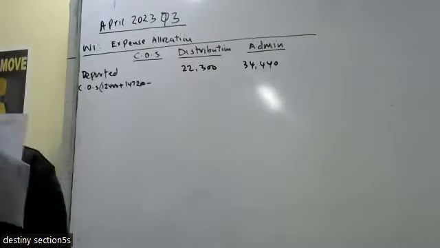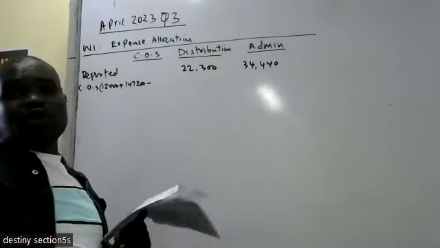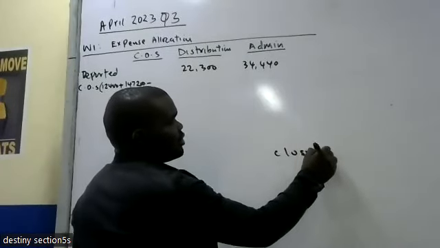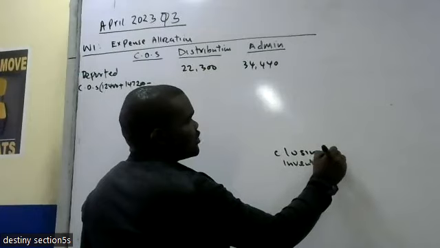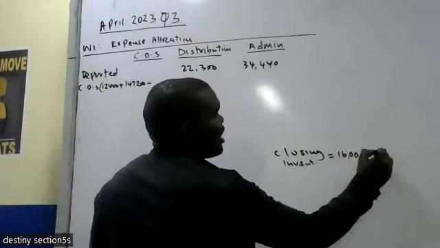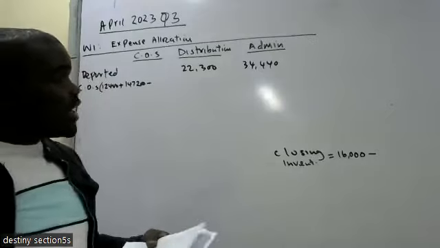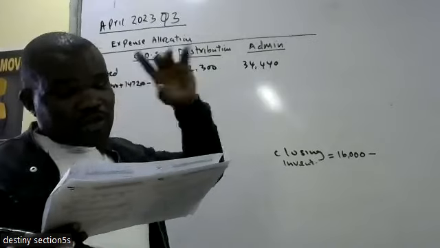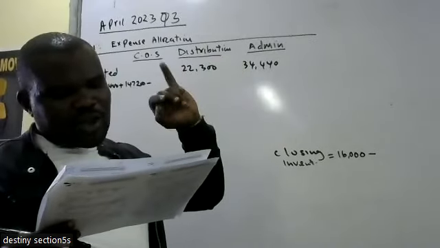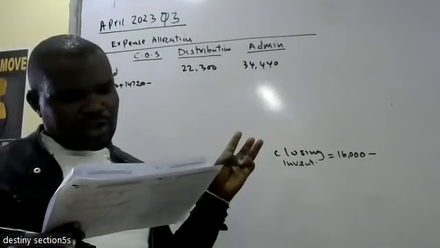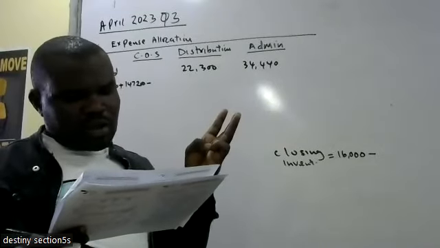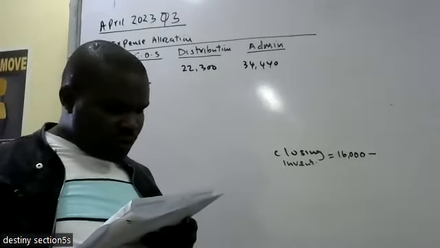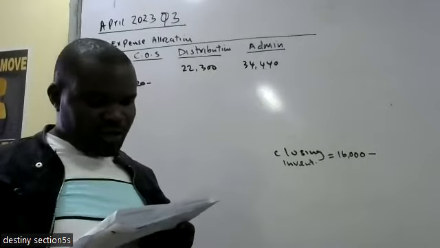So it means the closing inventory is going to be 16,000 minus the stock inside here. If you sell it you get 400, but it has a cost of 450 and a replacement value of 350. So if you sell it, you will incur cost of 450. If you replace it, you will replace it at 350.